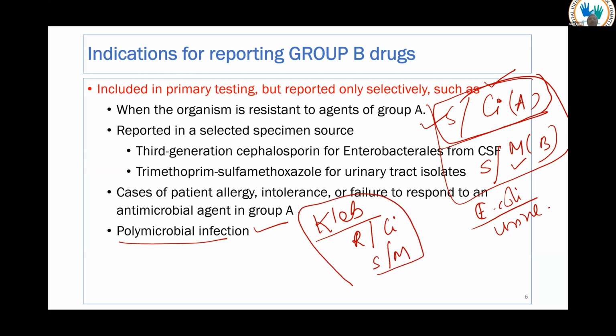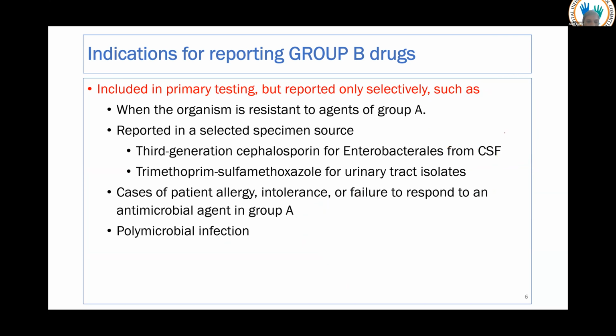In such a case, it is advisable, I repeat, it is advisable, to release the meropenem result of E. coli also, because you have to give double coverage for Klebsiella as well. The clinicians will be interested to know whether meropenem is also active against E. coli or not. So this is an example of polymicrobial infection.